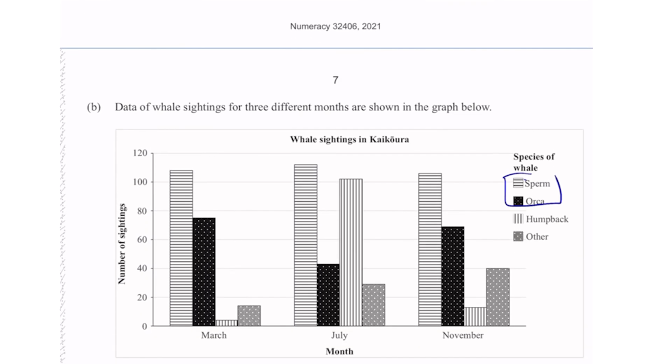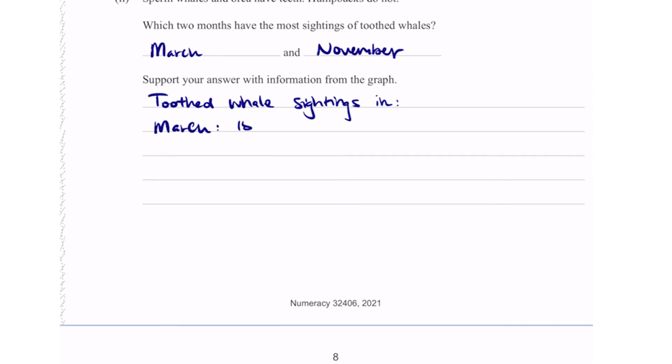Yep. So we're looking at 110 approximately, and about, let's say 75 here. So 110 plus 75 is 185.